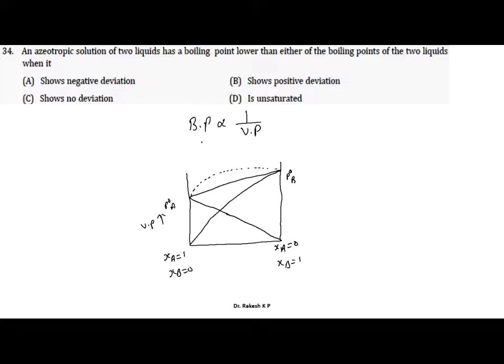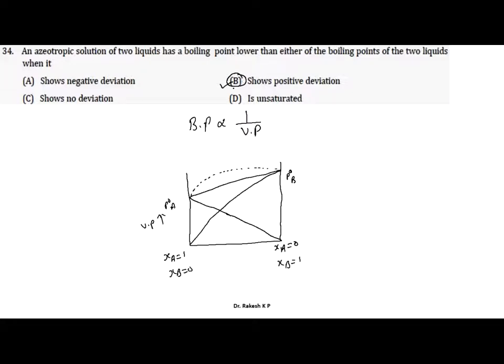If the boiling point is very high, vapor pressure is less, and we can identify the negative deviations. But here we can identify the positive deviation, because boiling point is inversely proportional to the vapor pressure. Hence the option shows the positive deviation. Hence the option is B.